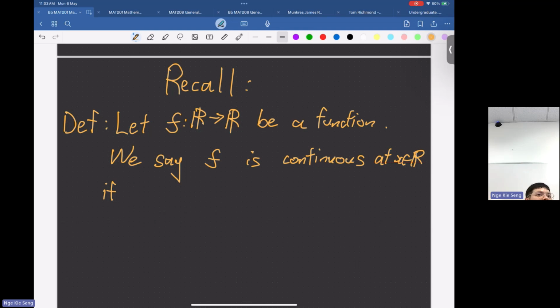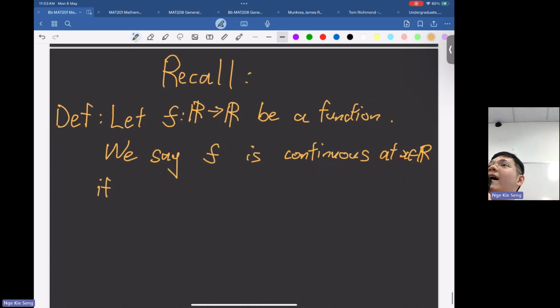We use two sequences to study this continuity. What are the two sequences we look at? One sequence lives in the domain, the other sequence lives in the codomain.